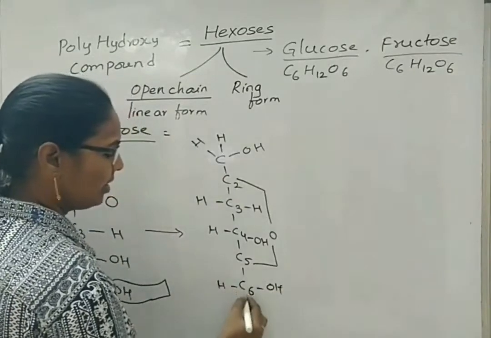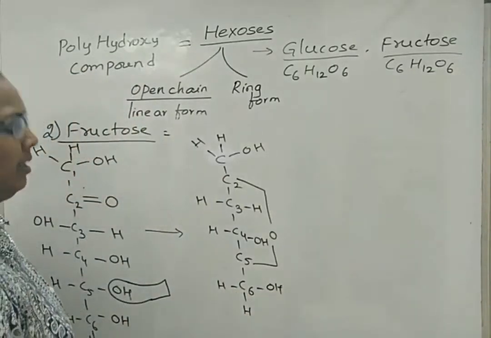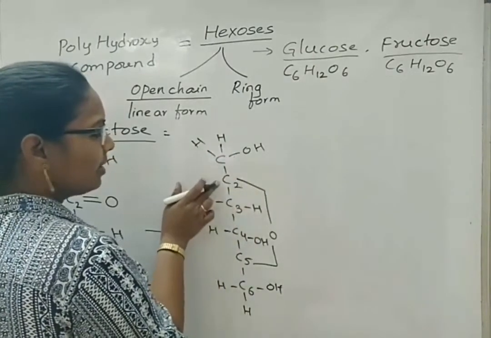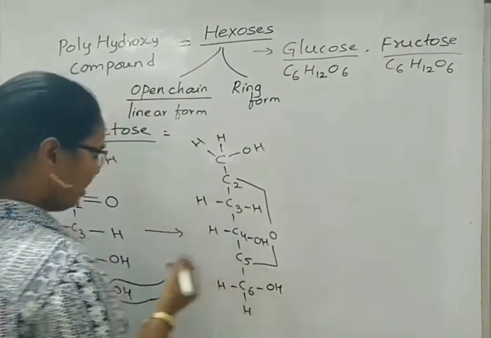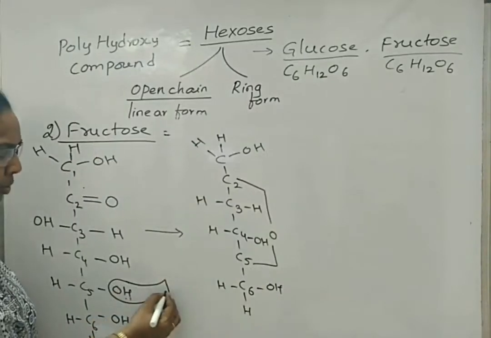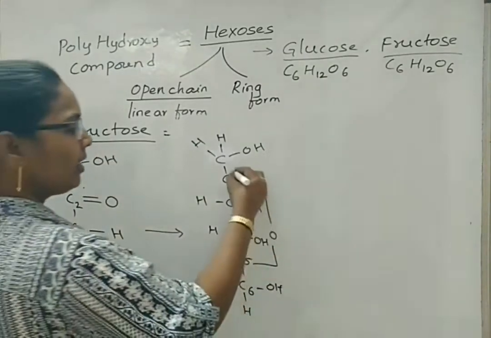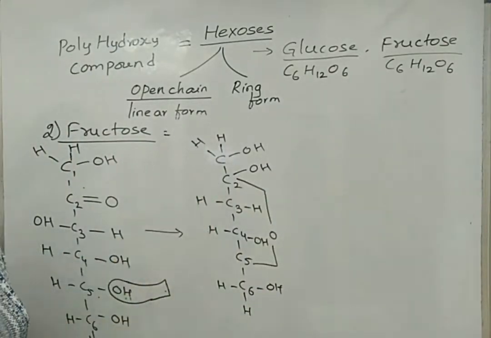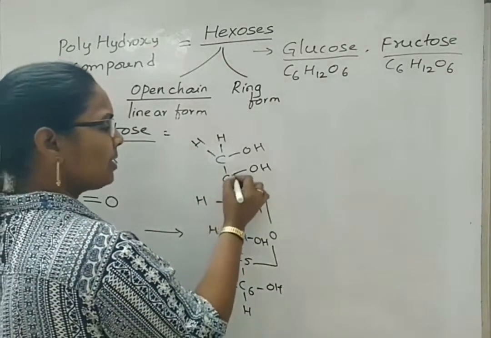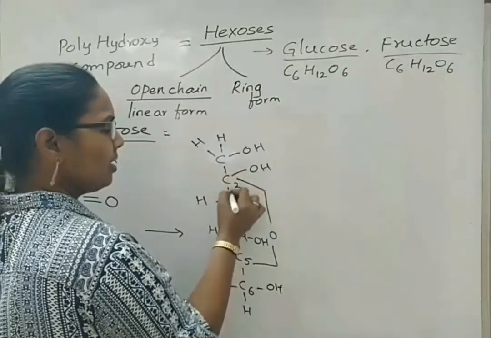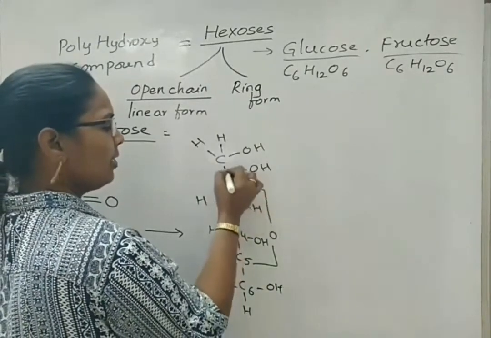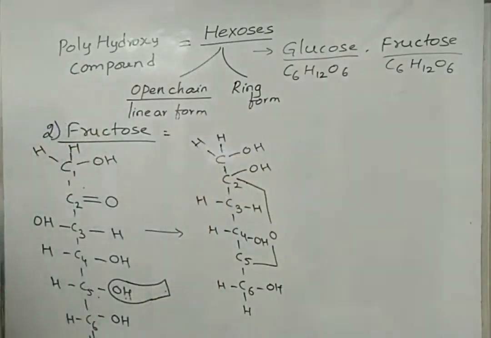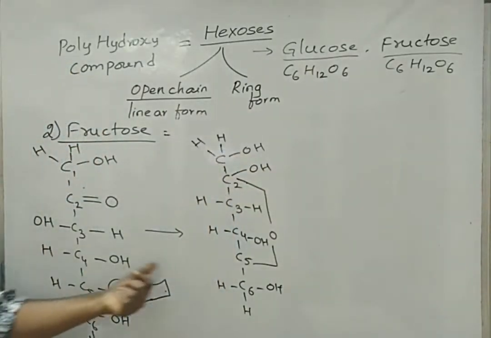OH and H and H. Now, since the second carbon is lacking one more bond, the OH group that is removed from the fifth carbon will come and bind again at carbon 2 position, so that the number of bonds is the same: 1, 2, 3, 4. For this carbon also 1, 2, 3, 4. It is quite common here in case of fructose.